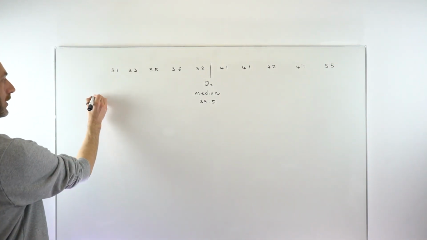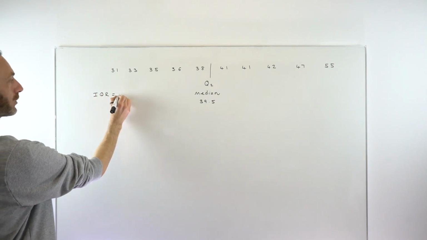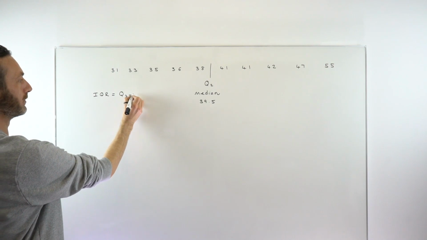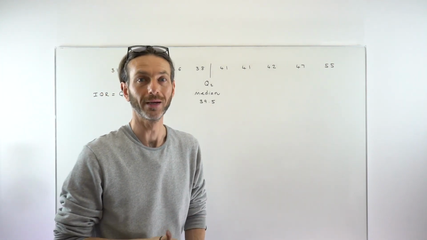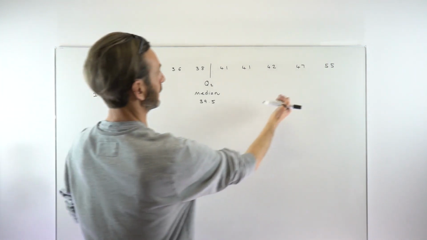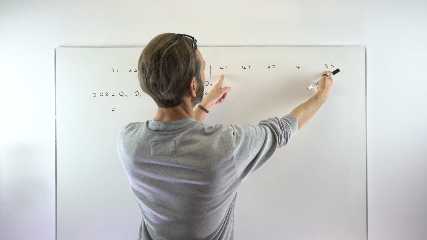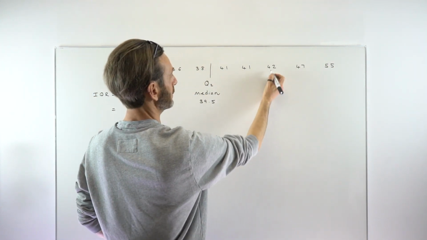The interquartile range, the formula for that, remember, is not on the formula sheet. Interquartile range is Q3 minus Q1. If it was semi-interquartile range, it would be Q3 minus Q1 divided by 2. So Q3 is the midpoint of the upper set of data. So 1, 2, 3, 4, 5. So this would be the middle here.